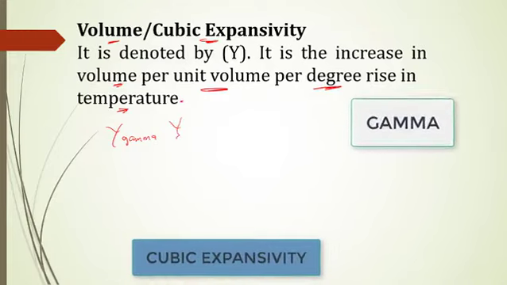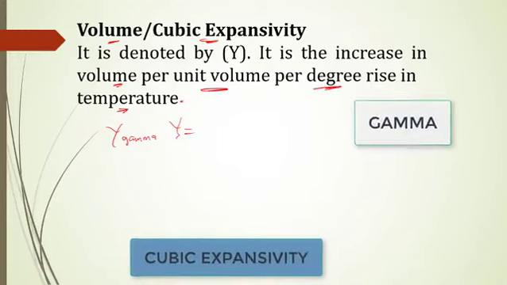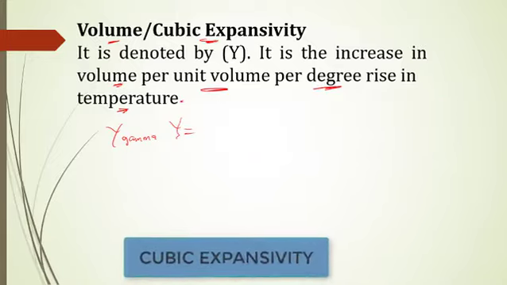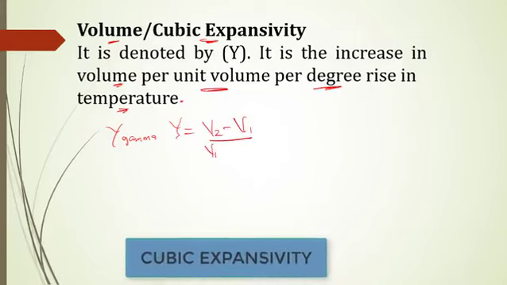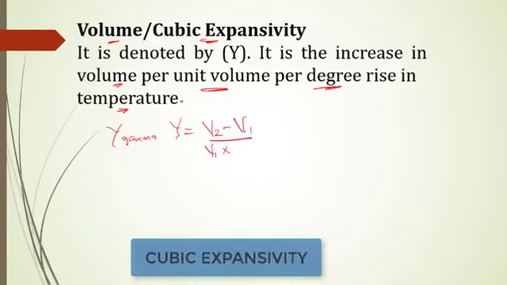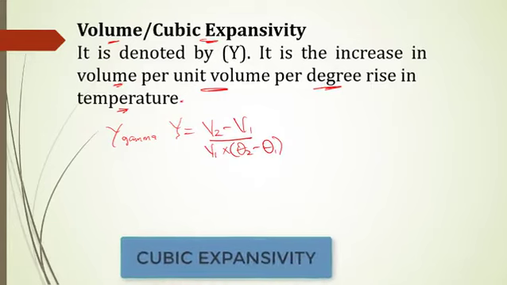So using this to represent cubic expansivity, we're going to have the same formulas that we had before. So instead of having A or L, we're now going to have final volume minus initial volume all over initial volume times, and you open a bracket, theta 2 minus theta 1. Not that the times is entirely necessary, you can just put it there.